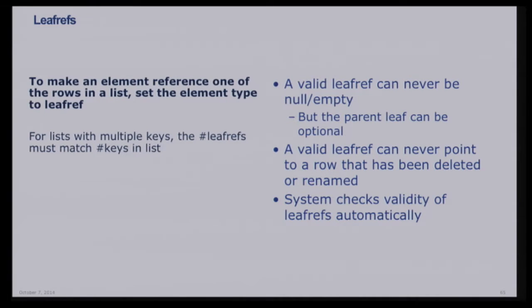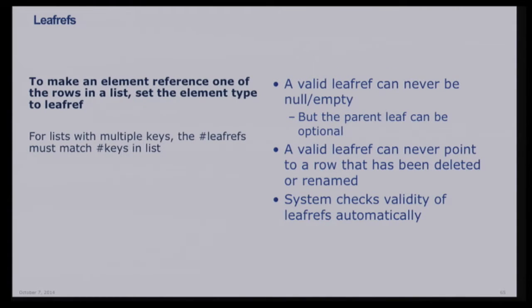Leafrefs are something that database people usually call foreign keys. It's a way of referencing from a particular part in the tree to an instance in another part of the tree. The entire concept of a valid leafref is that there exists a value, or a set of valid values, for whatever it is pointing to. So this introduces a little bit of ordering.